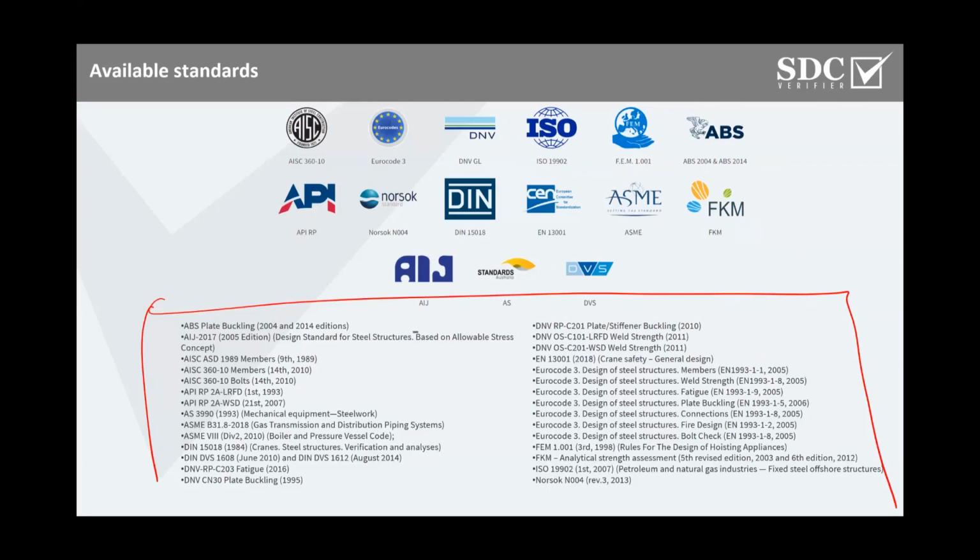But as I said, it's not limited. You can write your own. We are constantly adding new codes, and even more important, if you have to follow some rules and you don't see them in the library of SDC Verifier, please let me know, because the priorities of our development depend on the requirements of the customers.